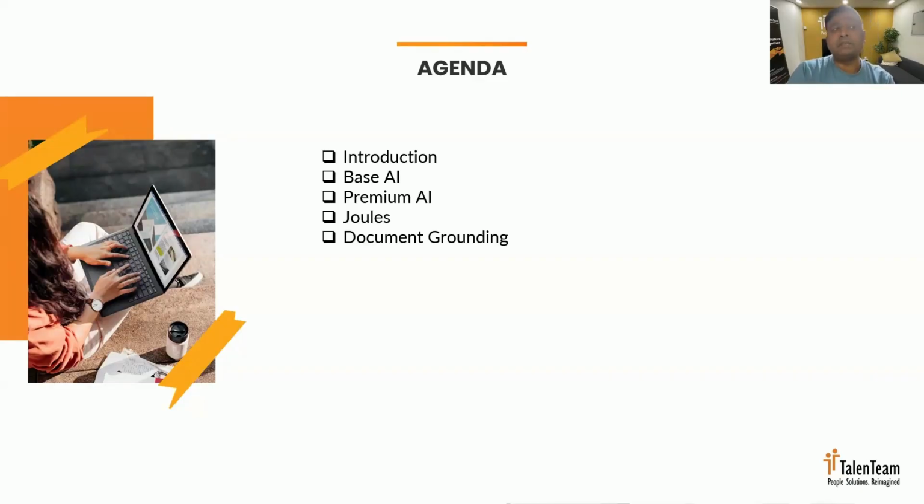This is a product in the making. I think it's in the right direction. We'll look at what it offers today. And of course, the document grounding feature. This is again part of Joule, which helps employees find relevant information and documents quickly within your company, right?